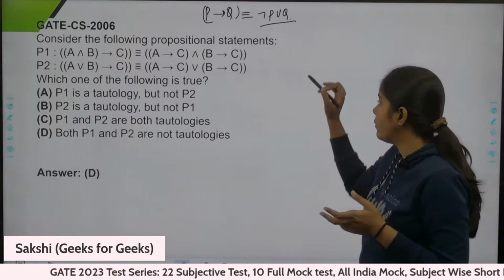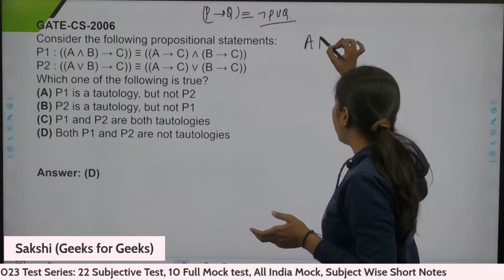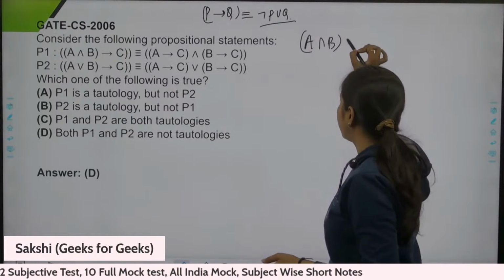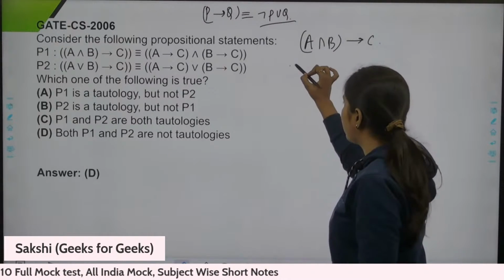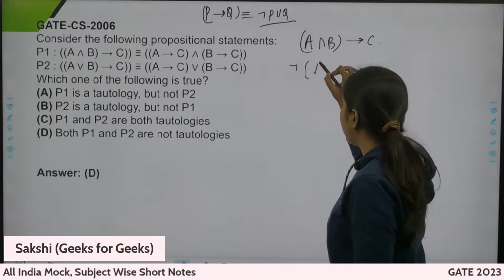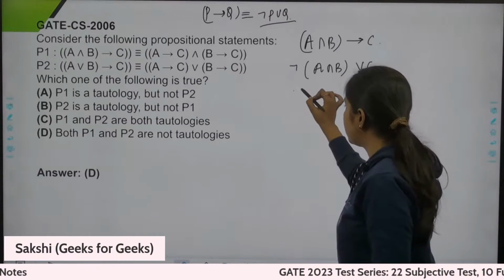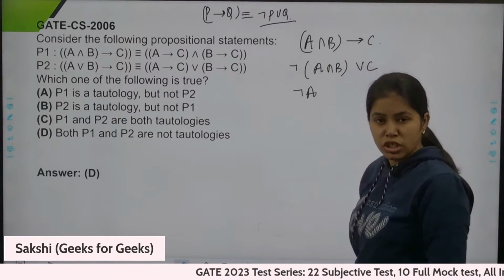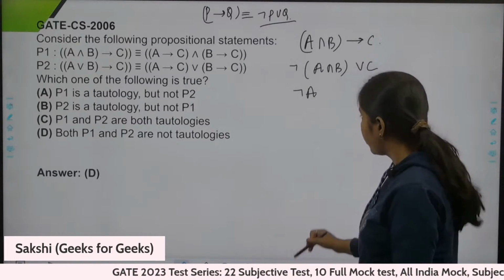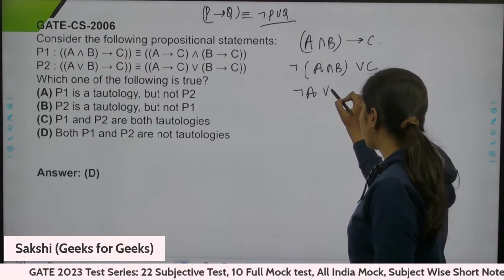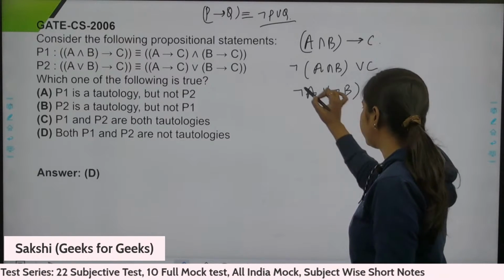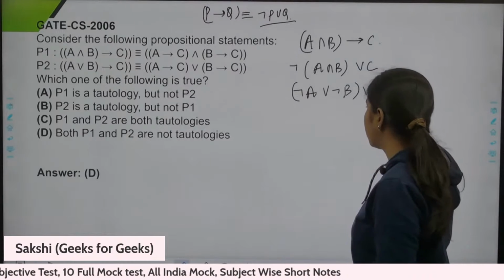I'll have A and B implication C, right? So I can use negation of (A and B) or C. If I use De Morgan's law here, what would I get? I'll get negation of A or negation of B or C, right?